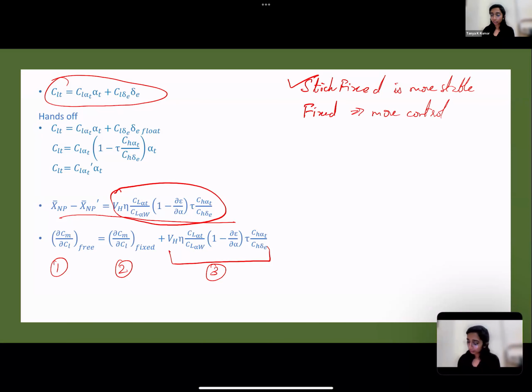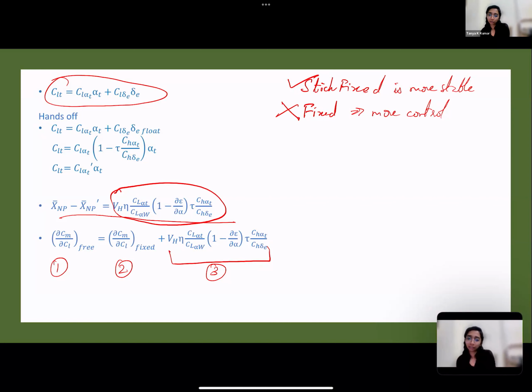Okay. So now, initially I had told you if your aircraft is more stable, it's more difficult to control. When I said static margin, do you remember that? The more stable the aircraft is, the more difficult it is to control. So this statement is wrong. Stick fixed condition is not more easy to control. And that control can never be the answer of why something is more or less stable.